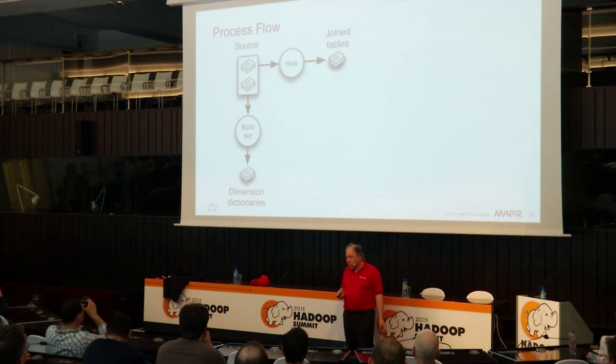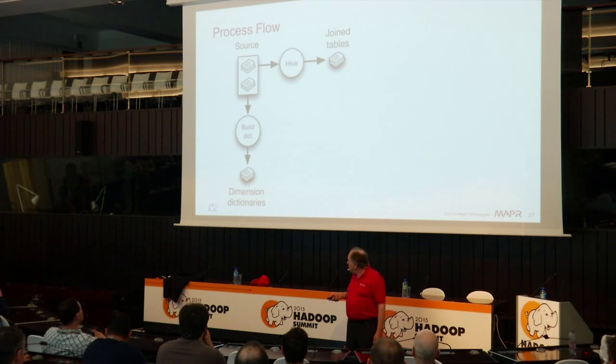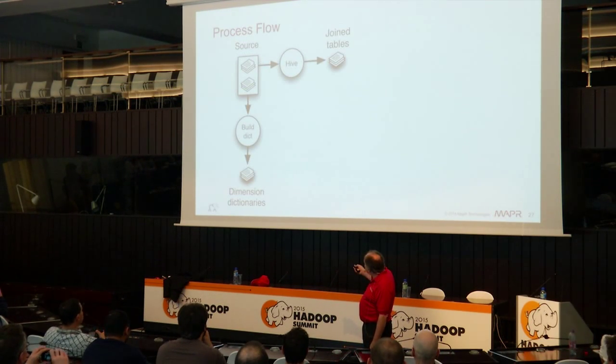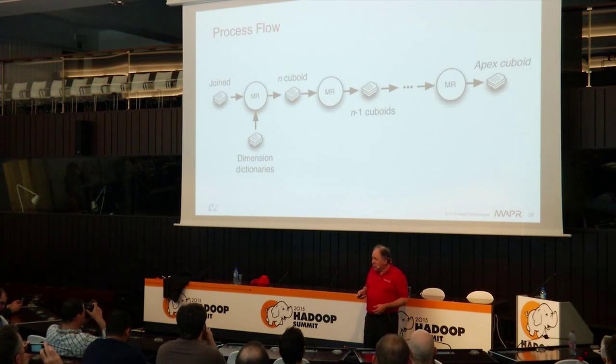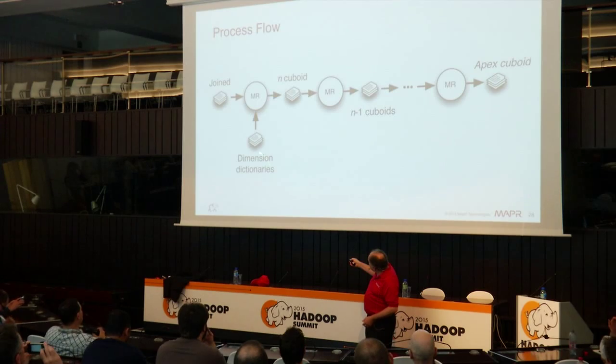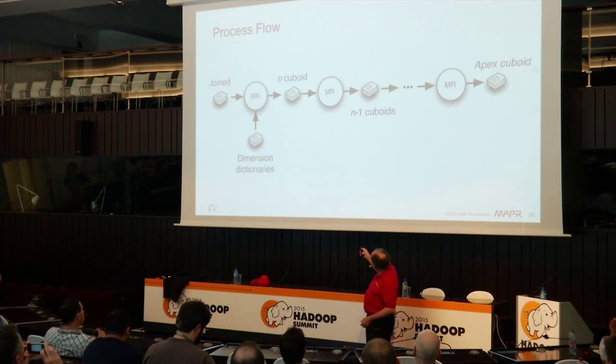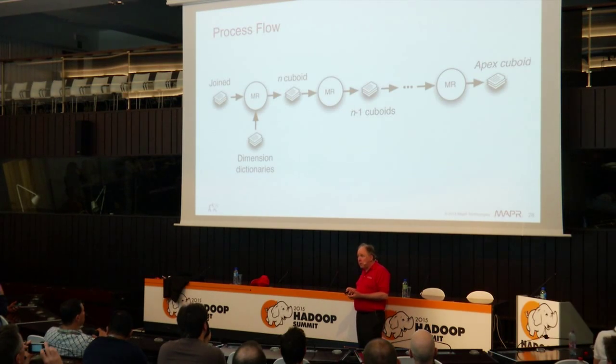Here's a bit more on the process flow for things. You start with your original data, you build dictionaries against the dimensions, and you use Hive to join all of the star schema out into a denormalized form. From there, you use the joined form and the dimension dictionaries through a step of MapReduce. So here it builds the order in cuboid.